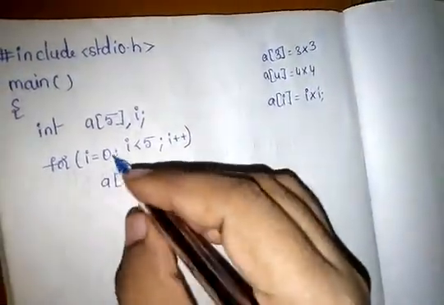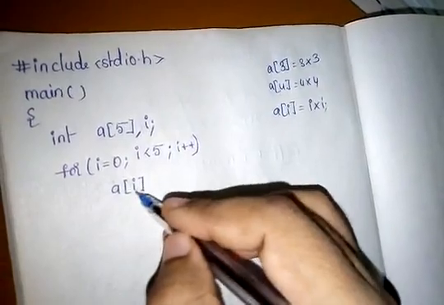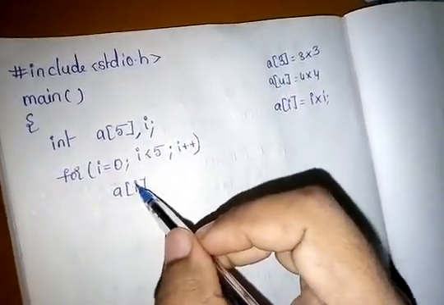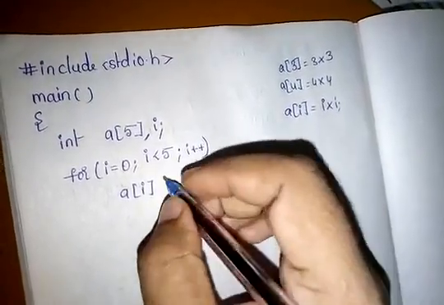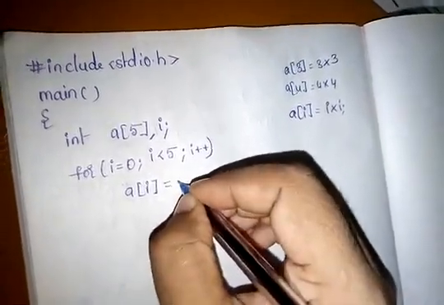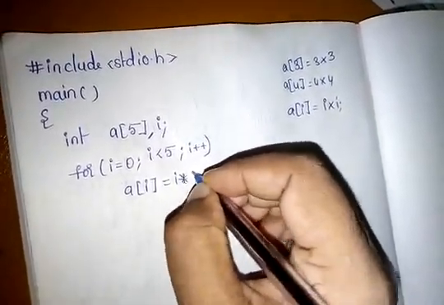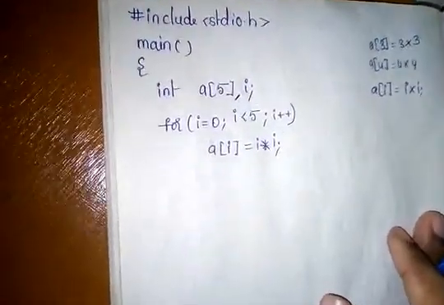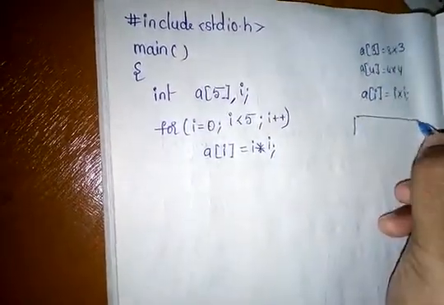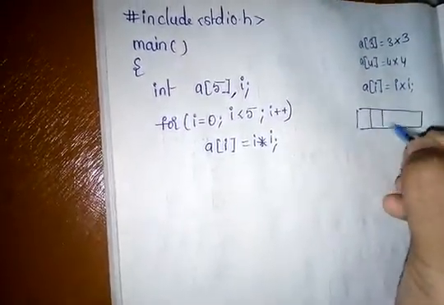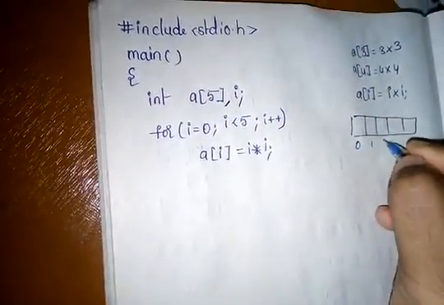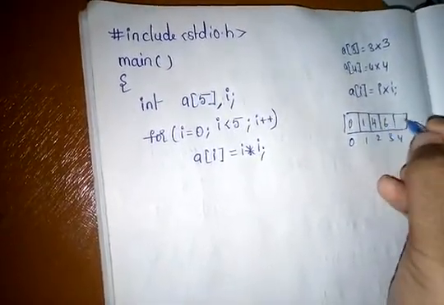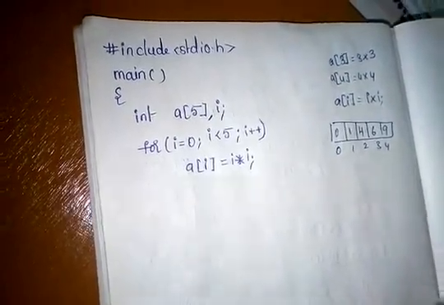The same way, as we are using a loop, each and every element will be evaluated by placing i instead of the index variable. So that is equal to i into i. Once this loop is executed, all your array elements will be filled with their squared values: 0, 1, 4, 9 and 16.